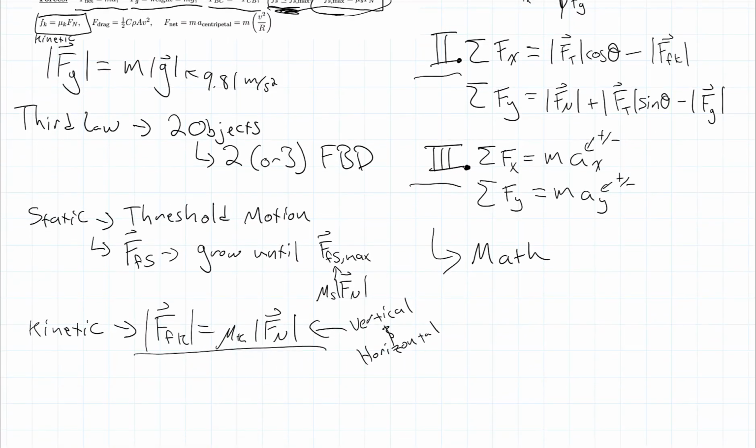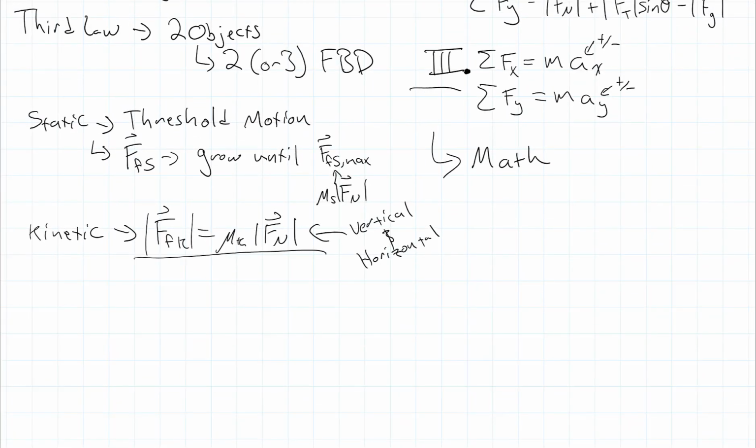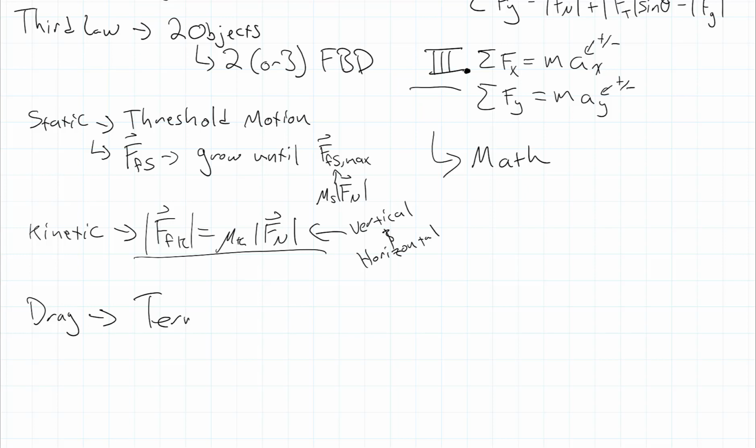The last two things that we deal with are drag and uniform circular motion. For drag, it really just comes down to this simple equation here. One thing to note for drag is that there are important concepts. One is terminal velocity.